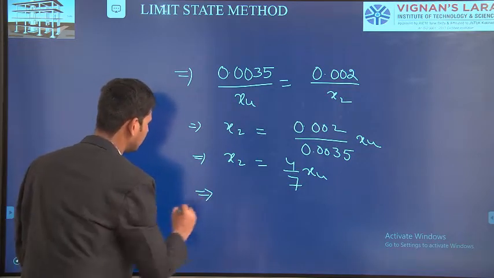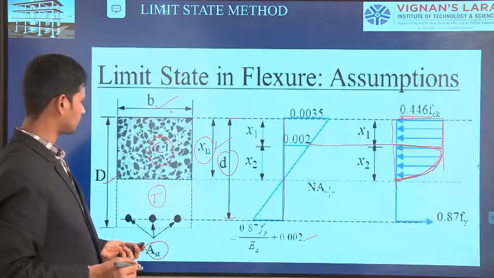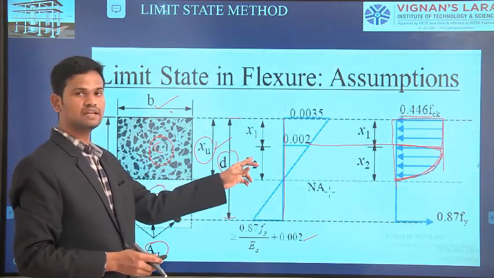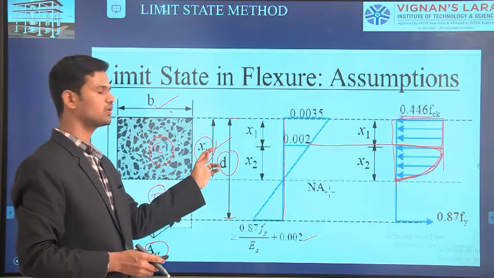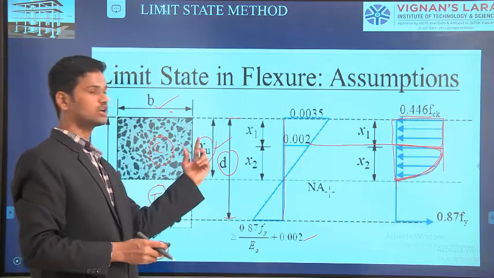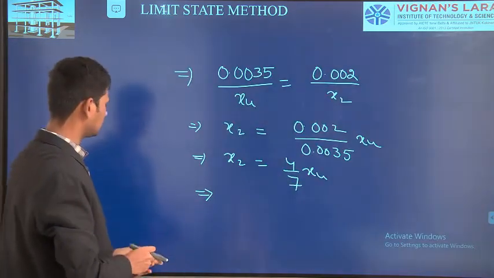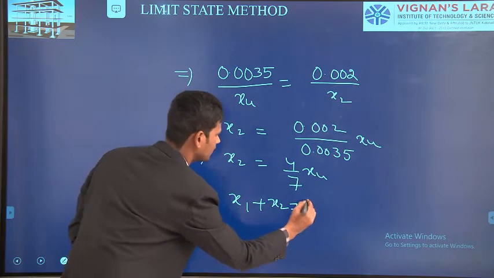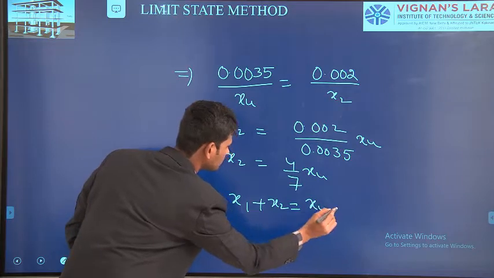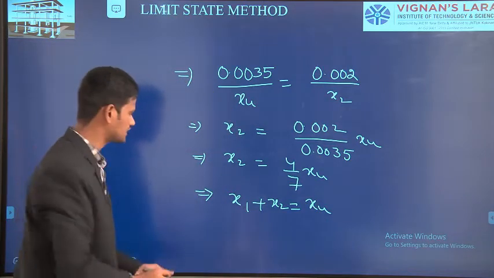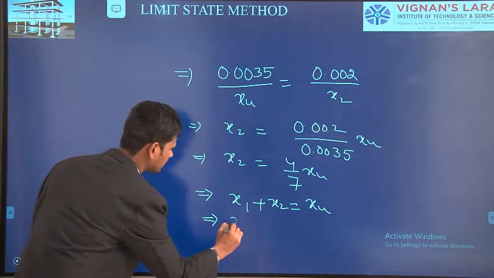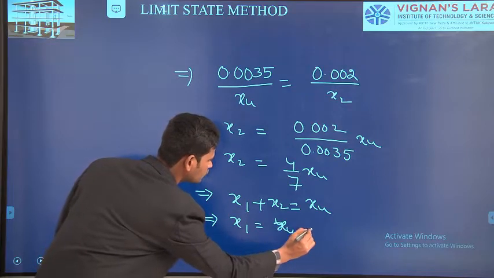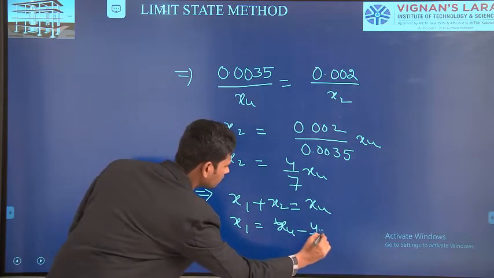Now I want to calculate the value of x1. How can we calculate it? We know that x1 plus x2 equals XU. So x1 equals XU minus 4/7 of XU.